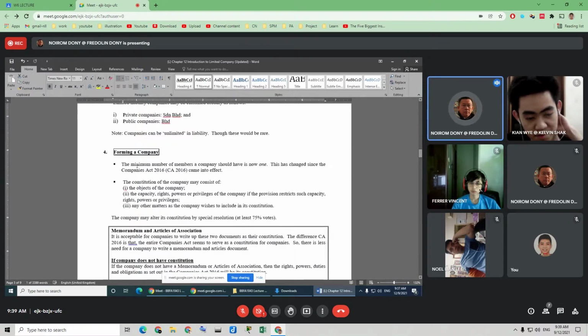Now, this is the process of forming a company. To form a company, the minimum number of members is one. One person can set up a company. Instead of going for sole trader, they can go for a company.